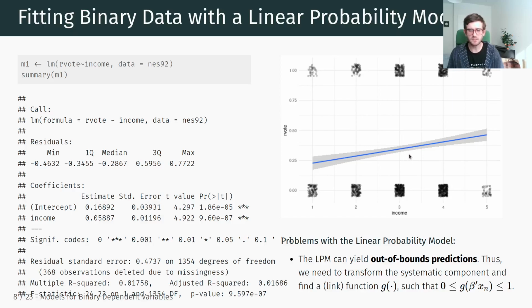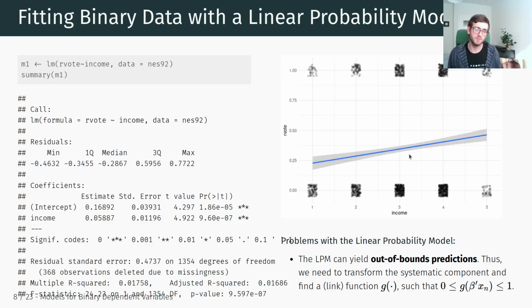So overall, this seems like a pretty good option for dichotomous outcome measures. We can directly interpret the coefficients as changes in probabilities or comparisons in probabilities.